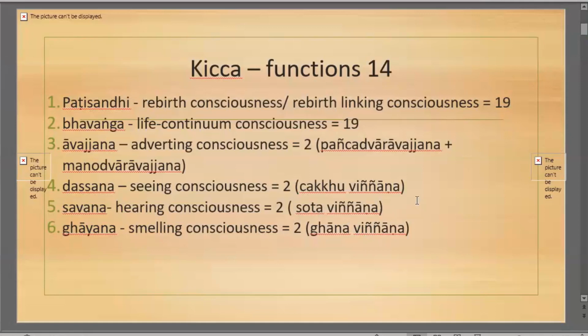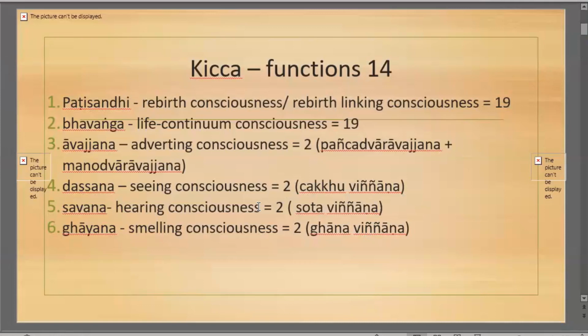Then Avajjana. There are 2 types of Avajjana, the mind stream that adverts or turns to the object: Panchadvara Vajjana and Manodvara Vajjana.